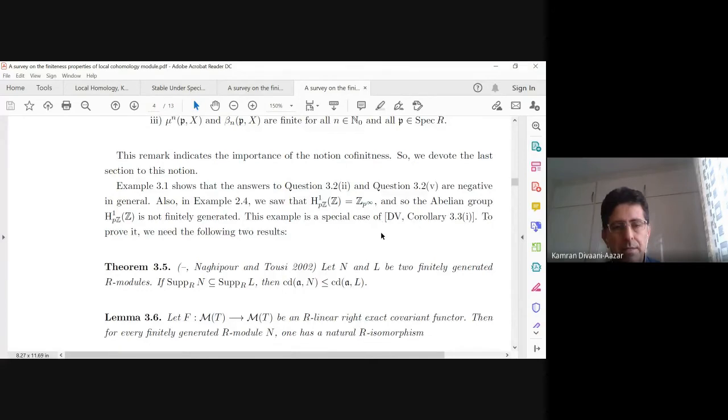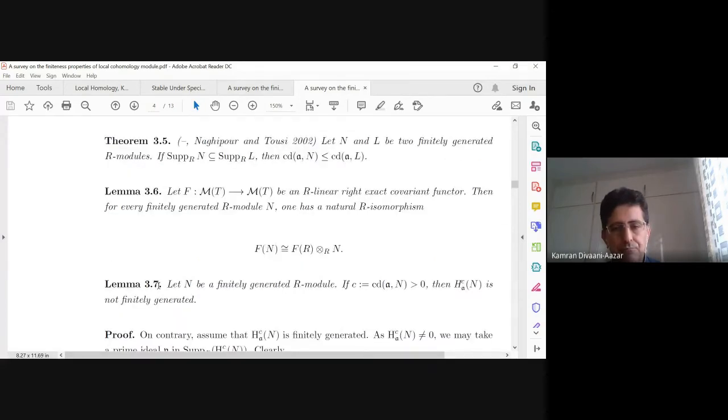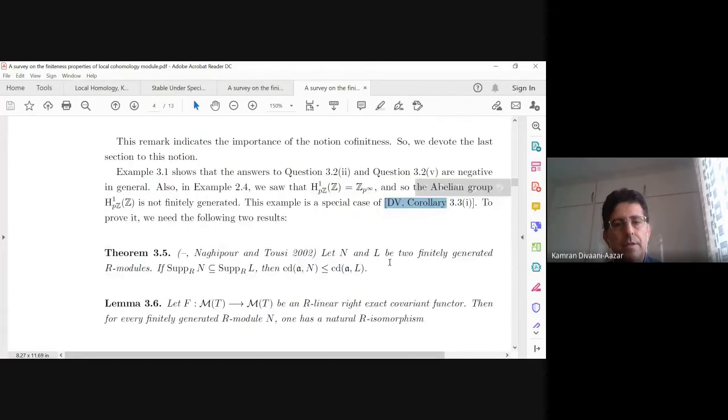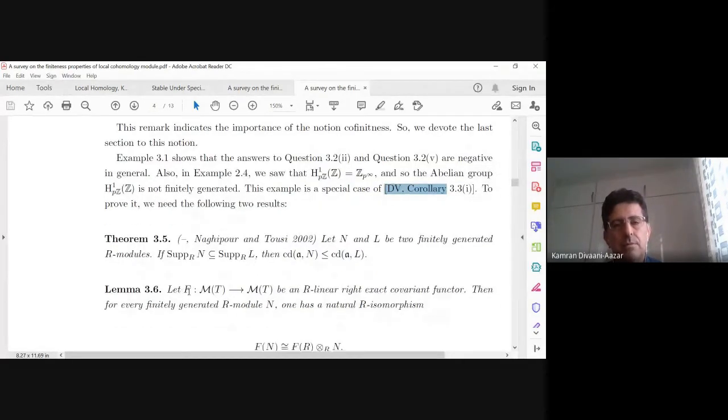The next result is Lemma 3.7. But I will bring a proof of the Divaani-Aazar and Vahidi result, but first we need the following two results for that purpose.